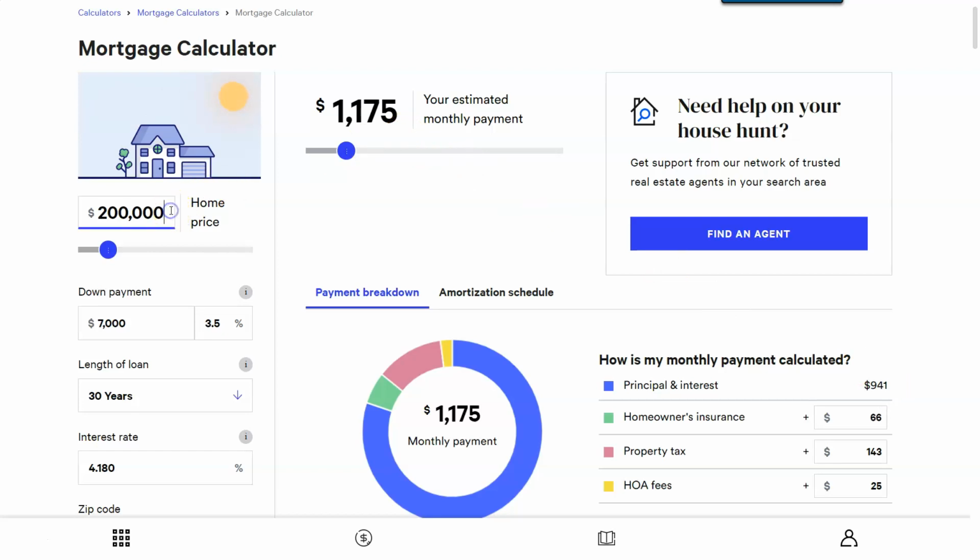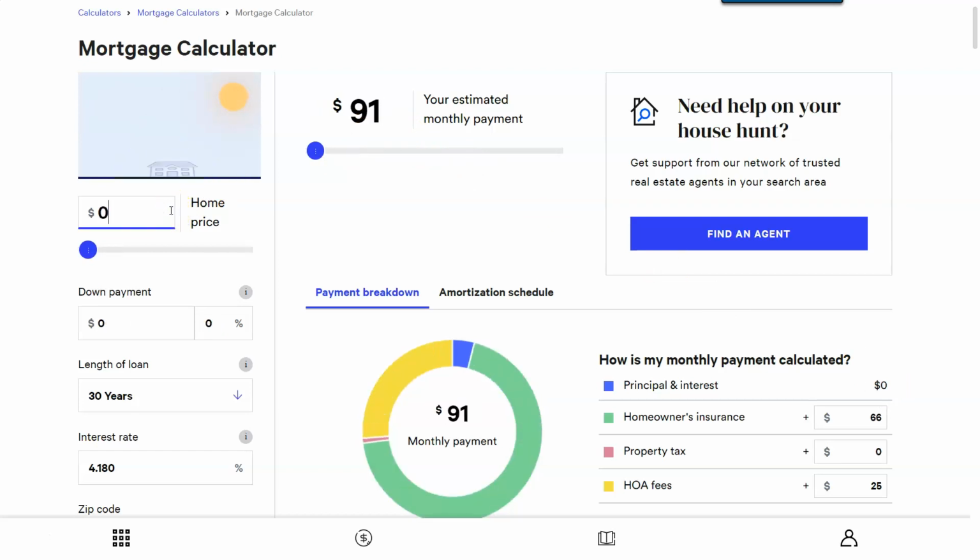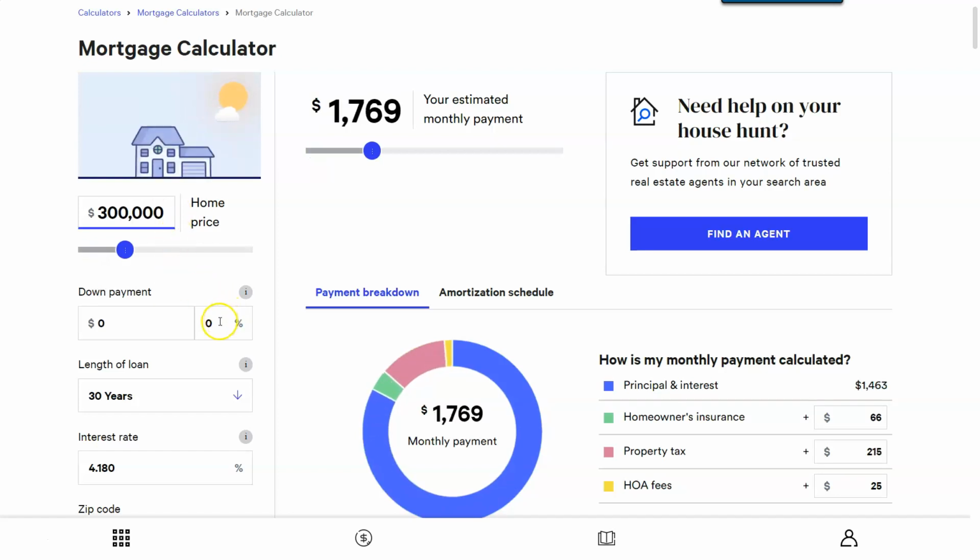Now these days, I'm seeing people all the time looking at houses in the $300,000 range. Let's say that 3.5% again makes it about 10,500. I see this a lot, so you know what you're working with. It jumped our property tax up, didn't it?